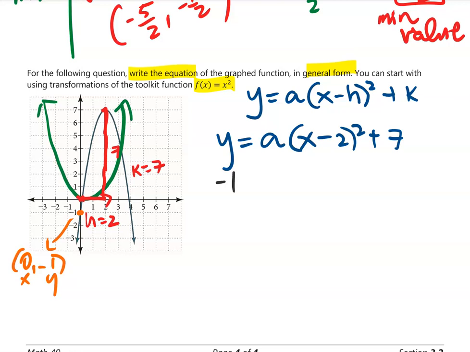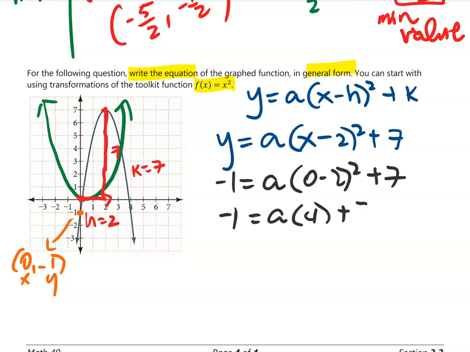So y is -1, x is 0, a times -2 squared plus 7, and simplify. -2 squared is 4, so -1 equals 4a plus 7. Subtract 7, that is -8 equals 4a, and then divide by 4, that is -2.